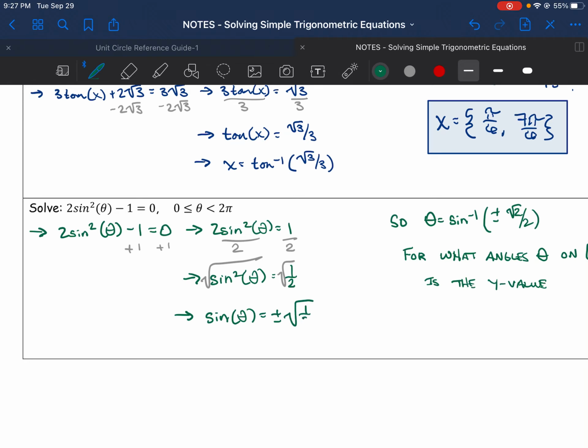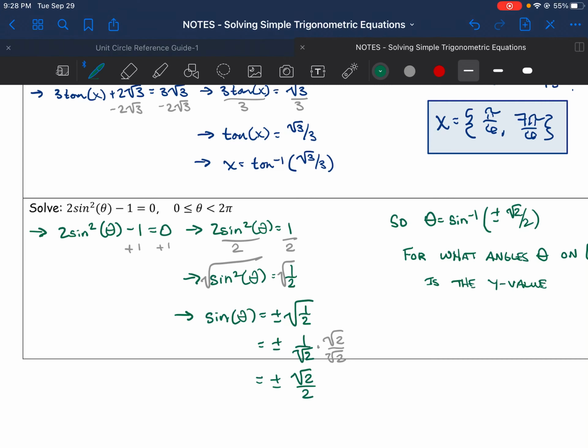So we have plus or minus square root of 1/2. Well, let's start to do some simplifying here. Square root of 1/2 is, the square root of 1 on top is 1, but we can't take the square root of 2. And we also don't like square roots in the denominator, so let's go ahead and multiply root 2 over root 2. And this is going to give us plus or minus square root of 2 over 2.